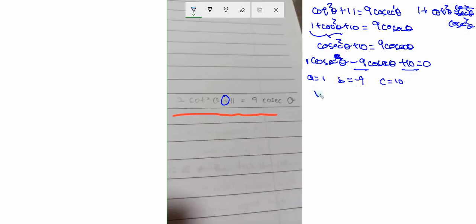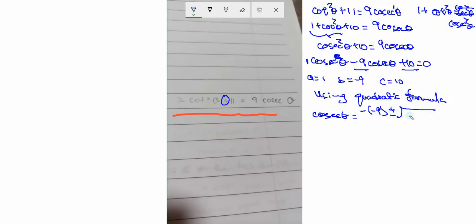Now using the quadratic formula, cosecant theta, which is x in this case, is equal to minus b, minus 9, plus minus square root of minus 9 squared minus 4 times a, which is 1, times c, which is 10, over 2 times a, which is 1.